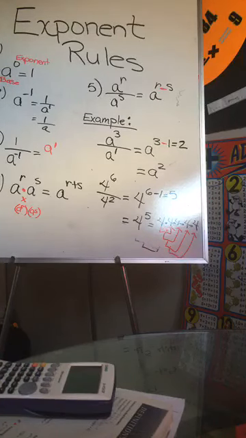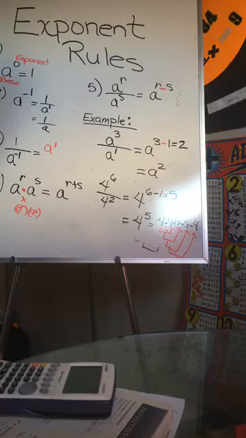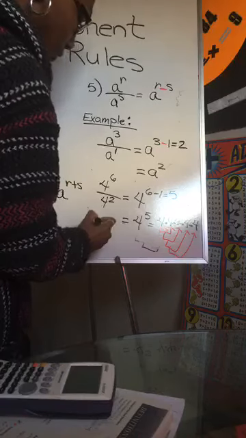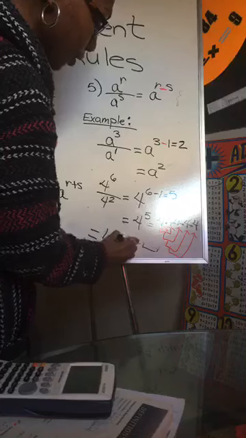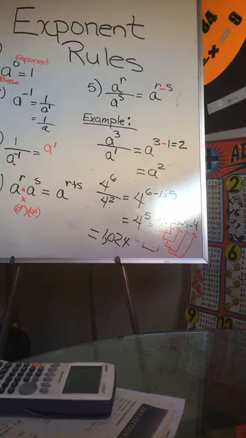So what is 4 to the 5th power? 4 times 4 times 4 times 4, one more times 4. And my calculator says the answer is 1,024. So 1,024 would be your answer for this problem.